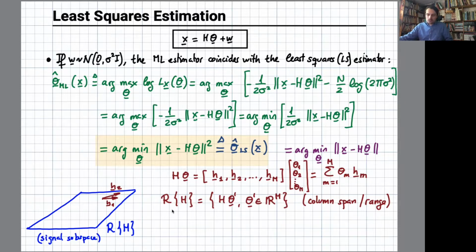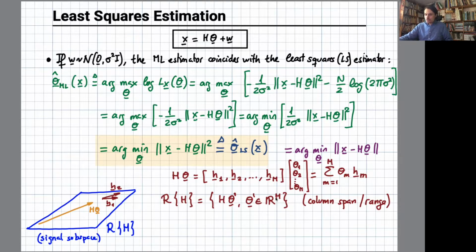But geometrically, it is a hyperplane, right? Since this term is noise, we typically think of this as the signal, and for that reason we call this hyperplane, which is obviously a subspace, the signal subspace, right? So the vector H theta is one of the vectors in this signal space.